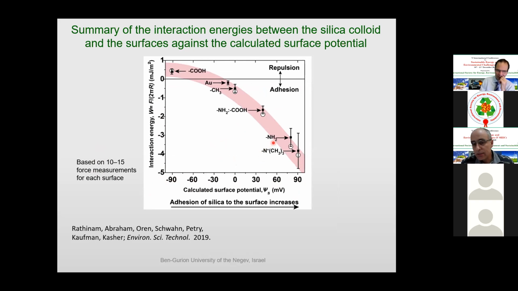So we can see that the quaternary ammonium group and amino group had the highest interaction energies, and the negatively charged groups, like the carboxylic acid, had even a positive energy, which means very low interaction, even repulsion. And this is the gold and the alkyl groups. So this trend is in agreement with the findings from the QCM studies that measured the precipitation of silica from solution.